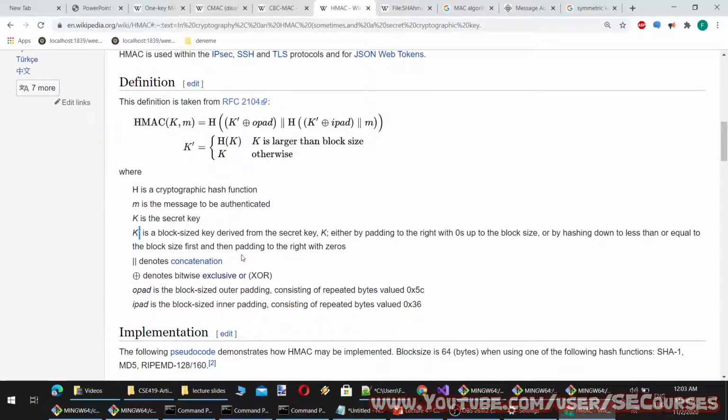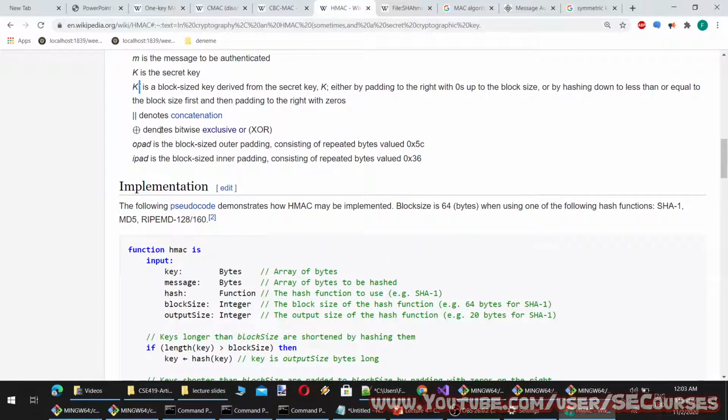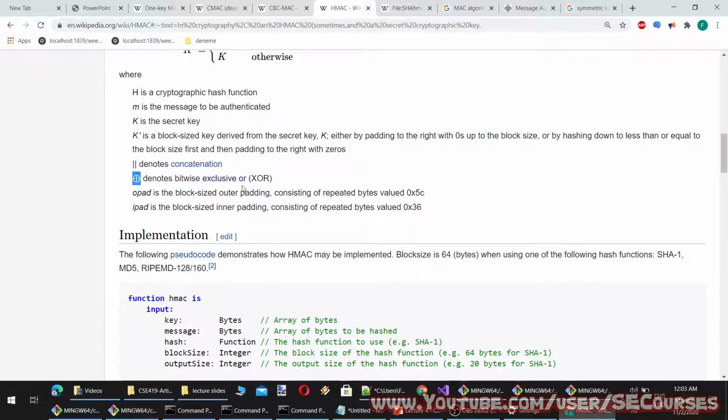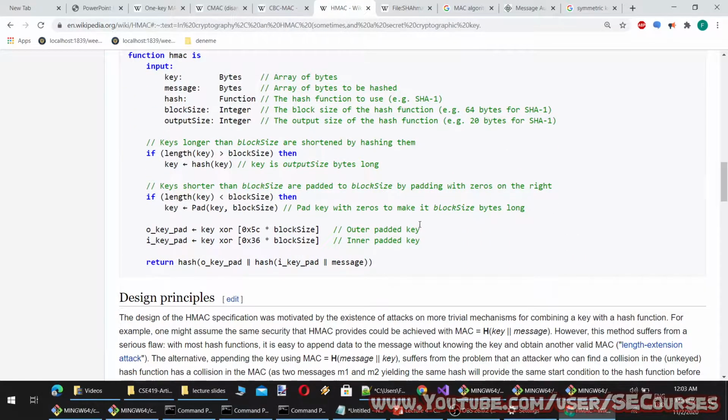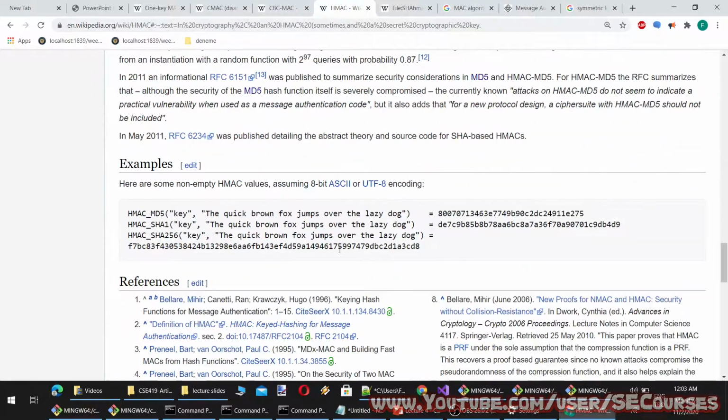K' is a block-sized key derived from the secret key. And this denotes the bitwise exclusive or, XOR. Actually, with a simple example you could understand this probably. There are already some examples given with the key and "the quick brown fox jumps over the lazy dog".